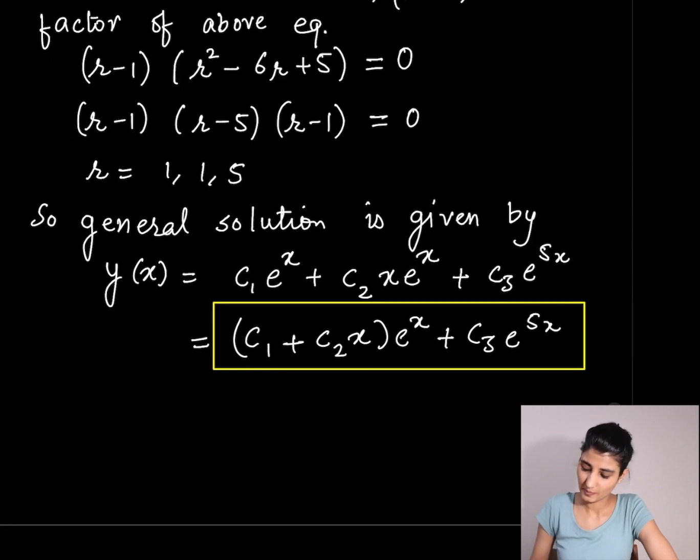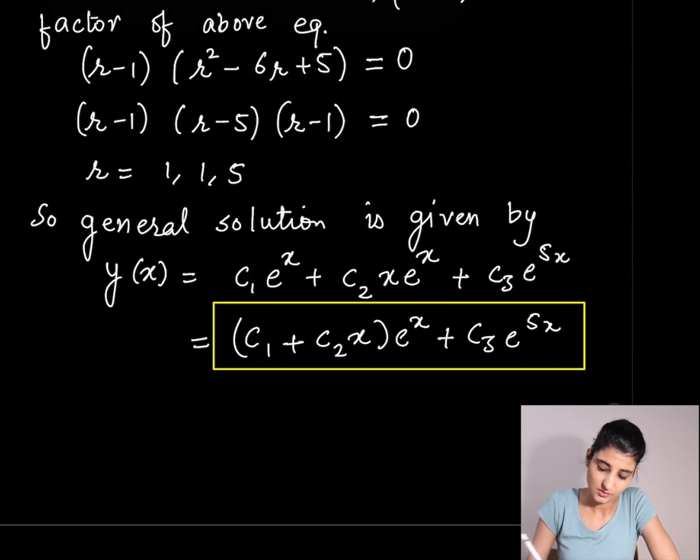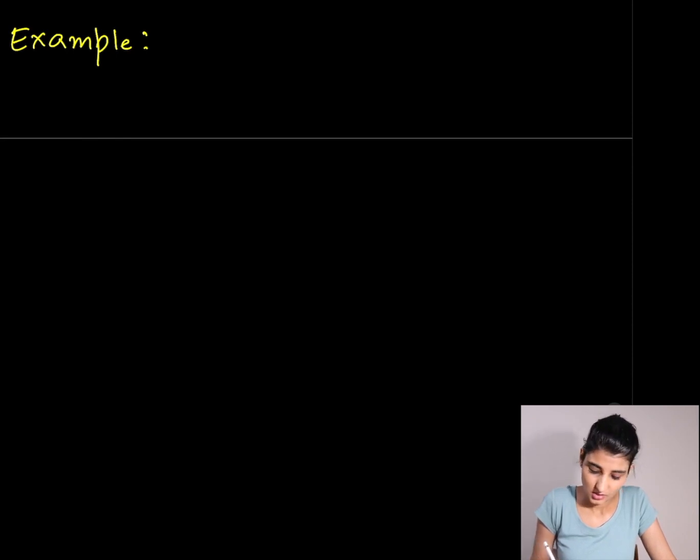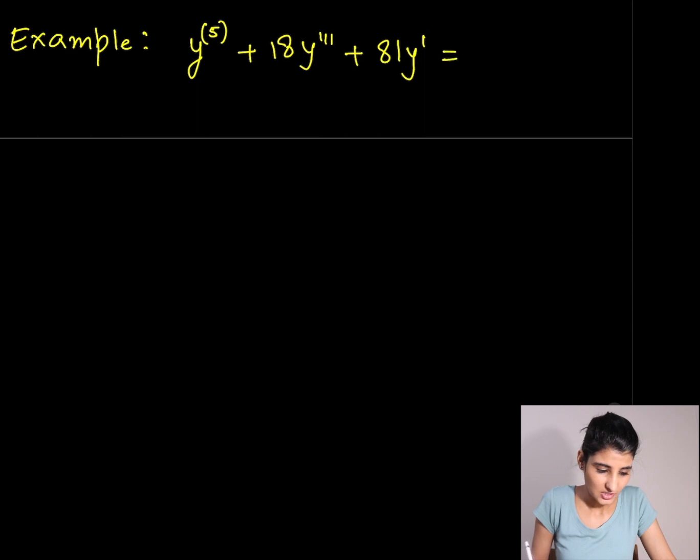Okay, let's see one more example. So our next example is y to the fifth derivative, plus 18y triple prime, means the third derivative, plus 81y prime equal to 0.